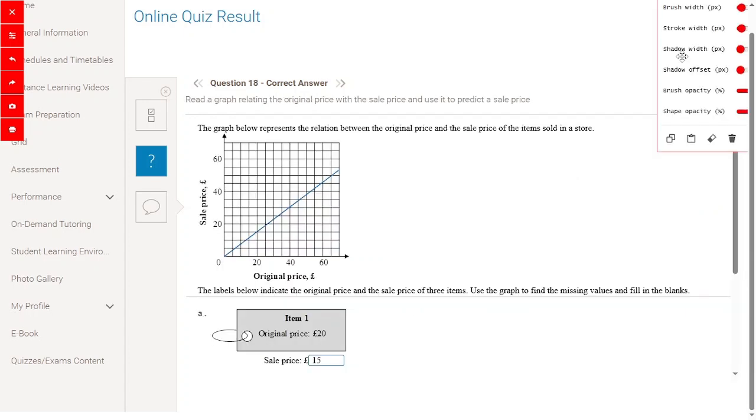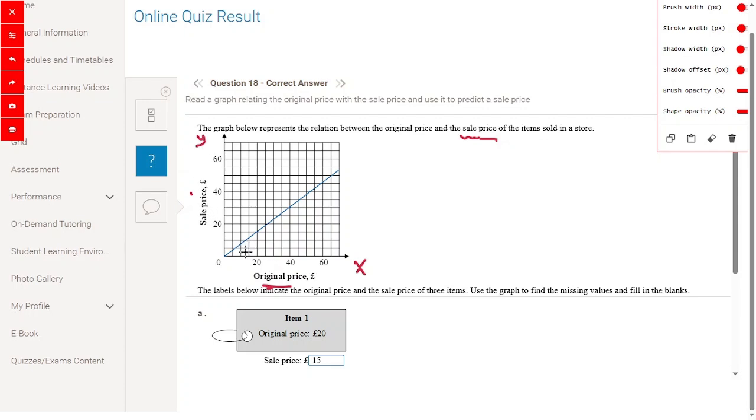Now the graph below represents the relation between the original price, which is on the x-axis, and the sale price of the item sold in the store. This is the sale price, which is the y-axis.